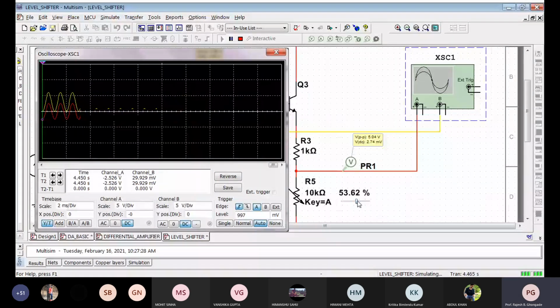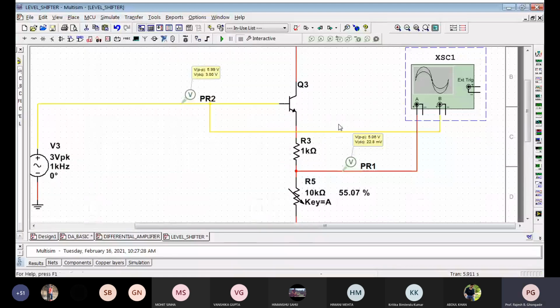So now with the help of this resistor, I can make sure that the DC content in the output is reduced to 0. How does this happen? It is because of the common collector configuration here.